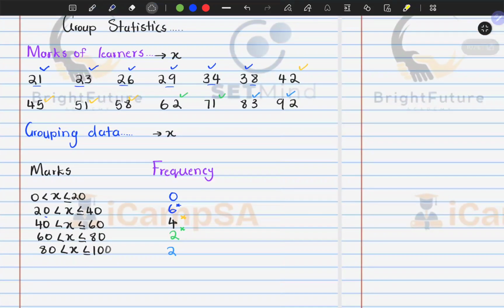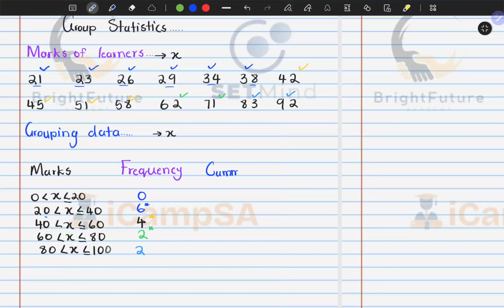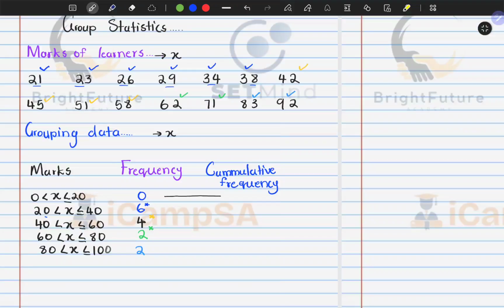And then now that we have frequency, there's something that we call cumulative frequency. What that means is it is frequency that is added. For your cumulative frequency, the first part will always be whatever you see there.